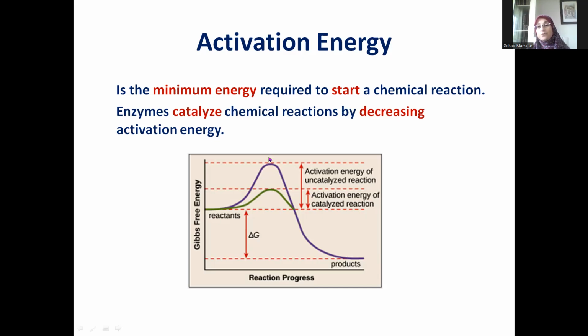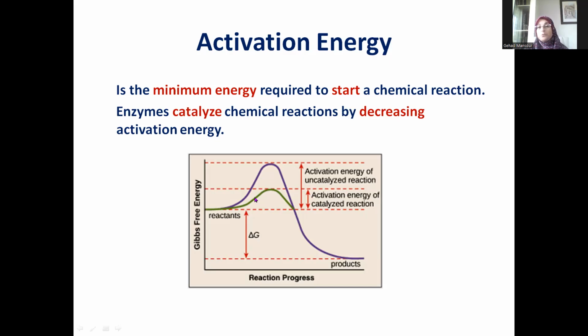Here, look, even when the reaction is uncatalyzed in the purple curve, you need to give the reactants some energy, an amount, a quantity of energy. So the energy level of the reactants, or the energy content, rises until it reaches a peak. And then at that peak, the reaction starts and we start getting the products, and the energy moves down again or diminishes again.